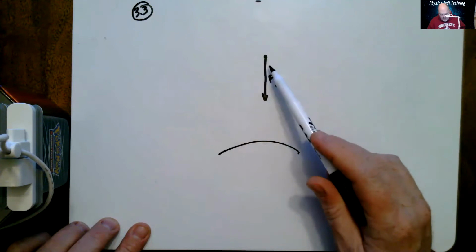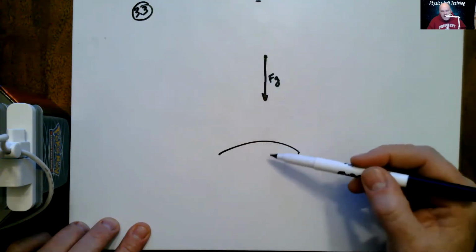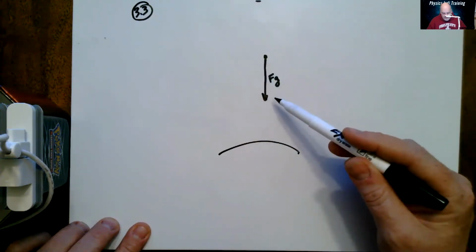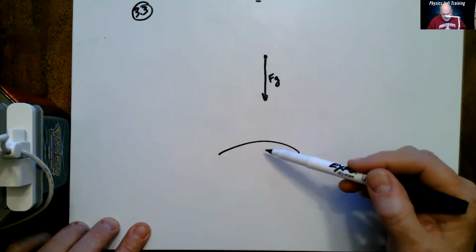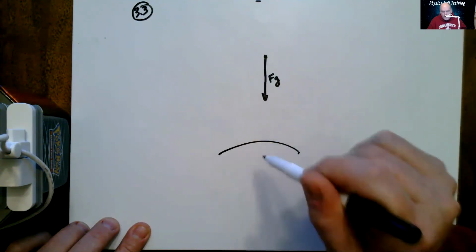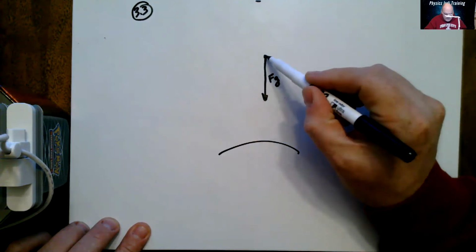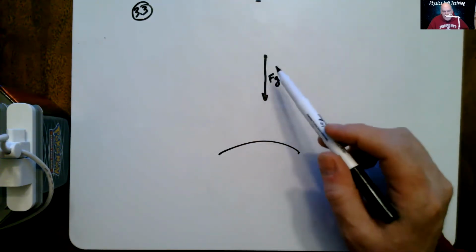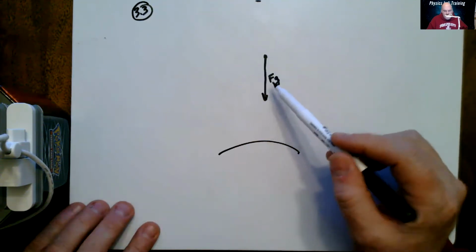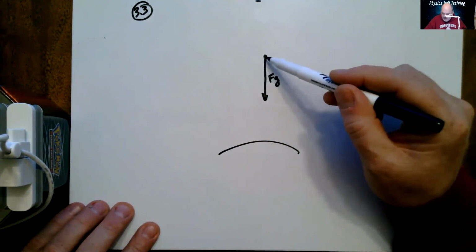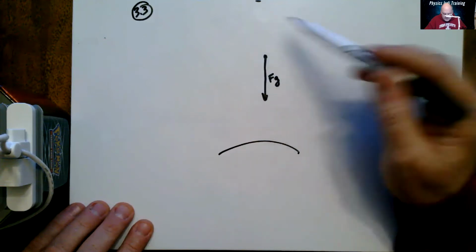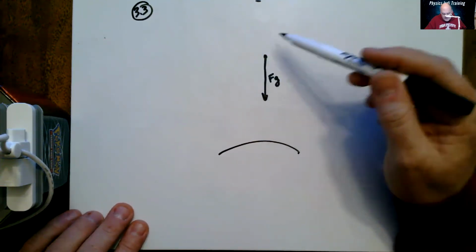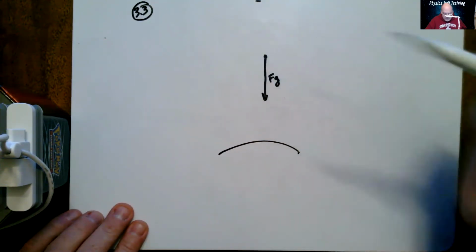And technically the object is pulling back up on the Earth, but that is a force being exerted upon the Earth, and we're drawing an FBD of just this object. So we only need one half of the Newton's third law pair, just the forces that are working on this particular object. Now, if this is falling in space, no atmosphere whatsoever, then that would be it.